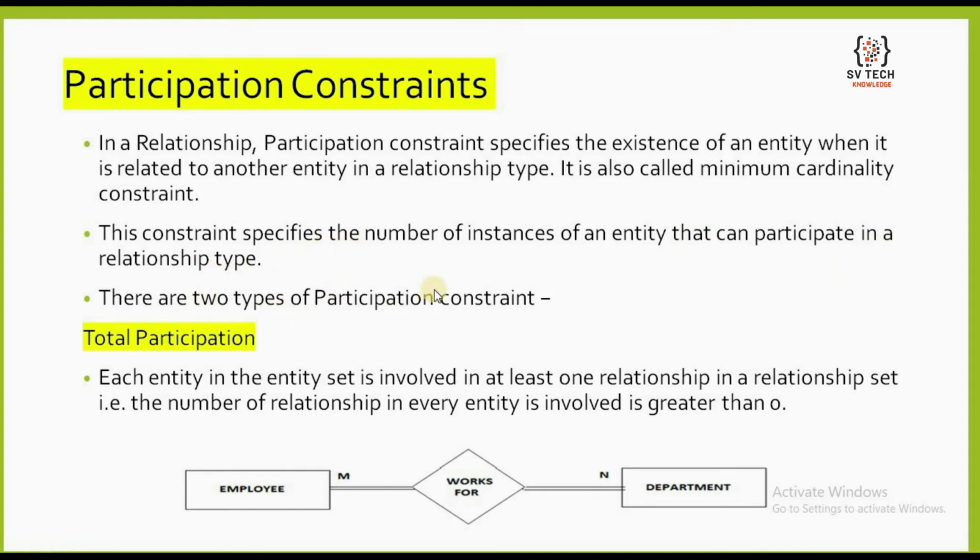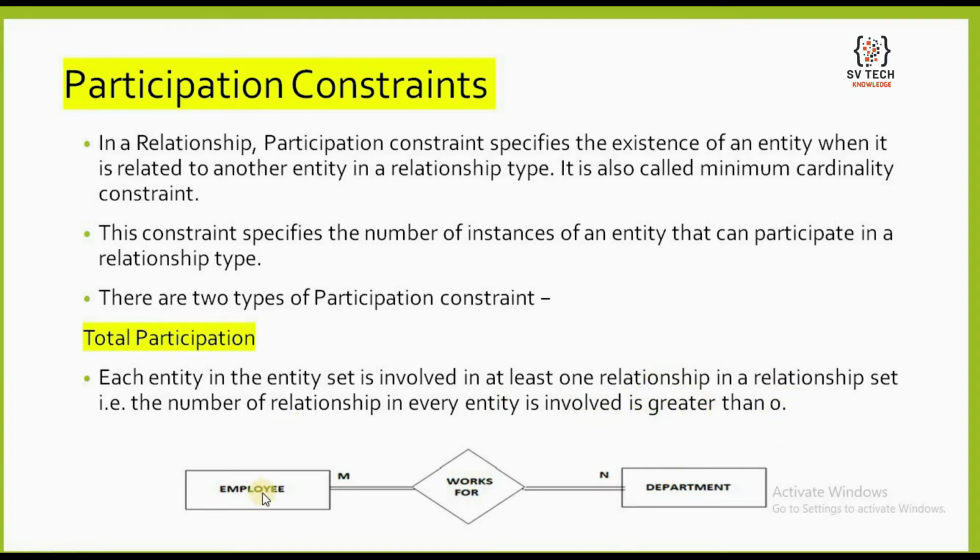There are two types of participation constraints: total participation and partial participation. Coming to total participation, each entity in the entity set is involved in at least one relationship in a relationship set. That is, the number of relationships every entity is involved in is greater than 0.